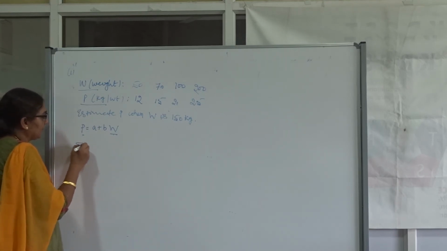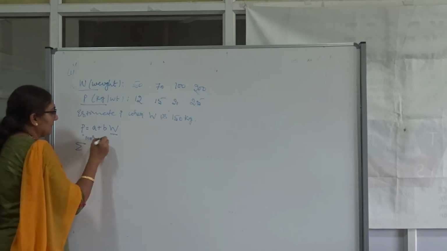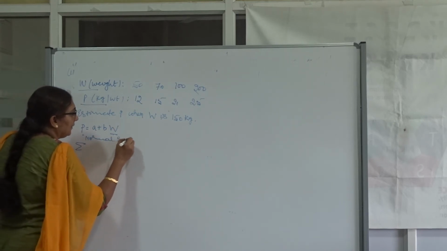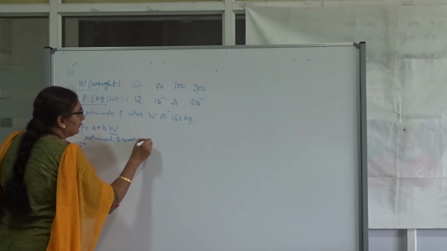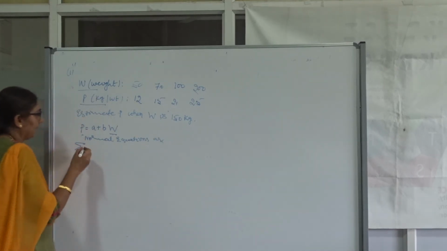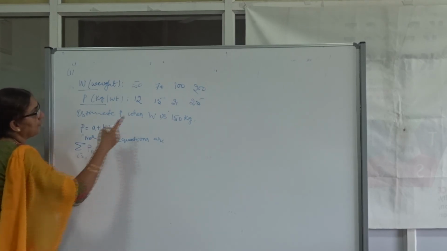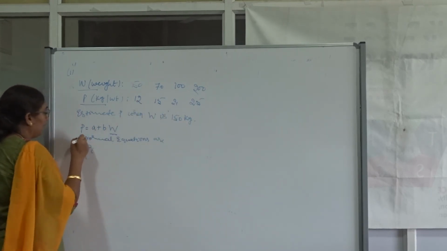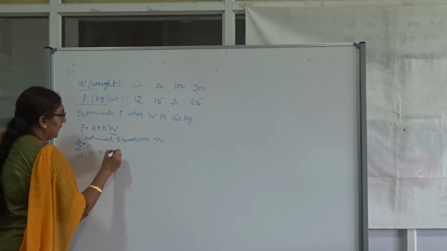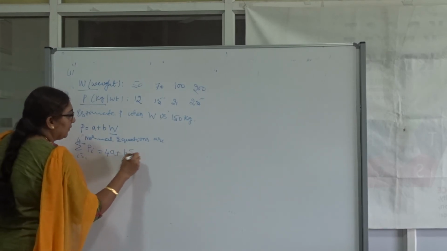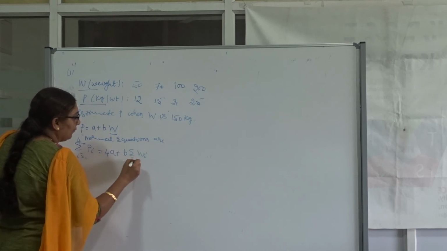What are the normal equations? The first normal equation: sigma Pi, with i ranging from 1 to 4, equals a repeated only 4 times, plus b into sigma Wi for i ranging from 1 to 4.